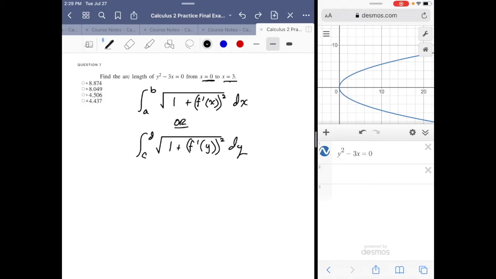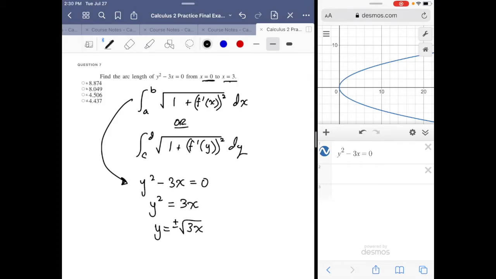So what I'm going to do is solve this for y in terms of x. So y squared equals 3x. y is going to be equal to the square root of 3x, plus or minus.